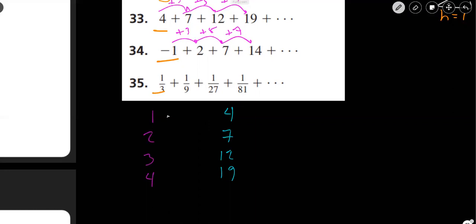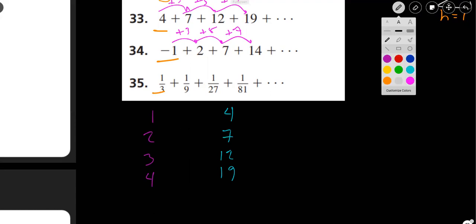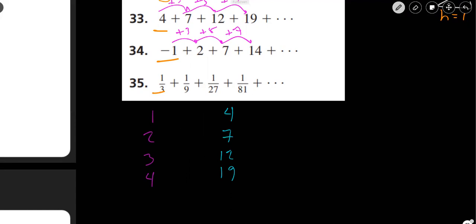Let's try multiplication. 1 times 4 equals 4. 2 times 7 halves equals 7. 3 times 4 equals 12. And 4 times 19 fourths equals 19. So again, that's still not very good. So maybe we try a different type of operation.